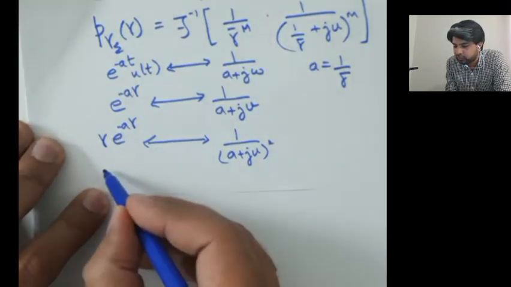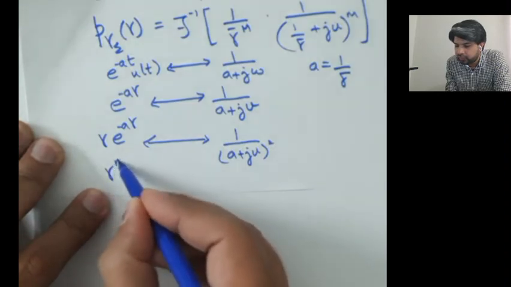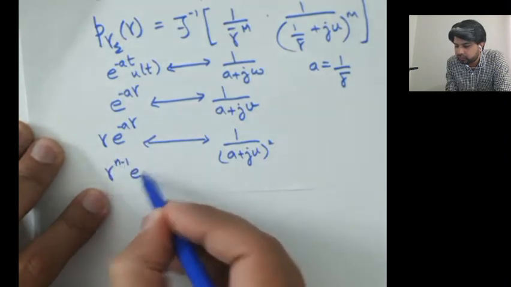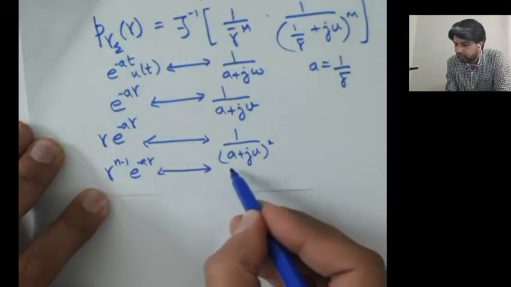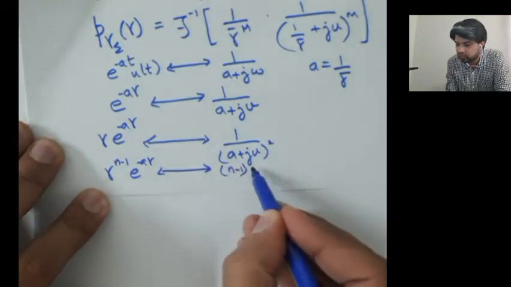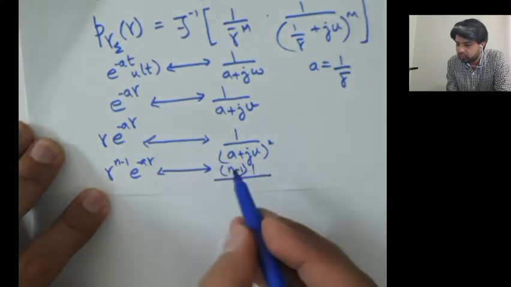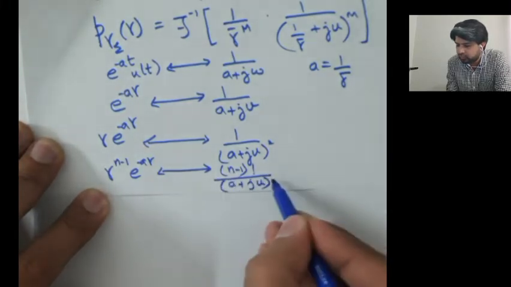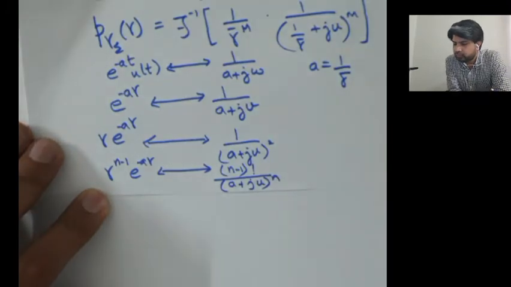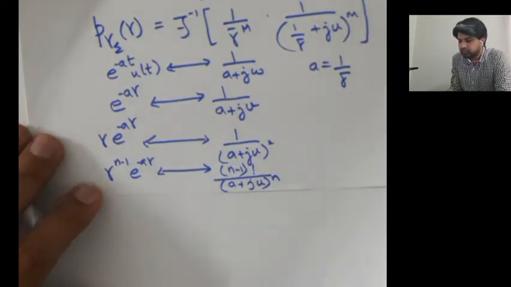The Fourier transform of gamma to the power n minus 1 e to the power minus a gamma is equal to n minus 1 factorial over a plus jv whole to the power n. That looks very similar to what we want, right? Let me write it again clearly.